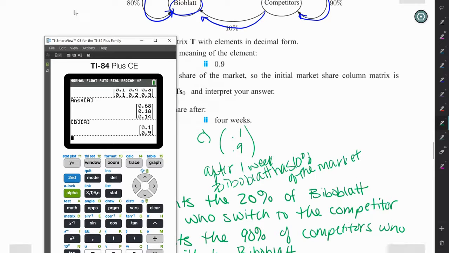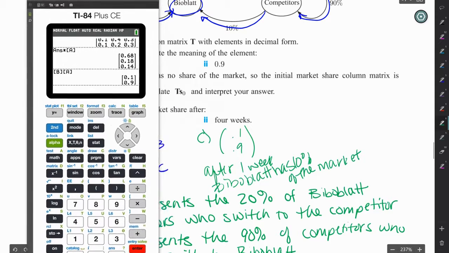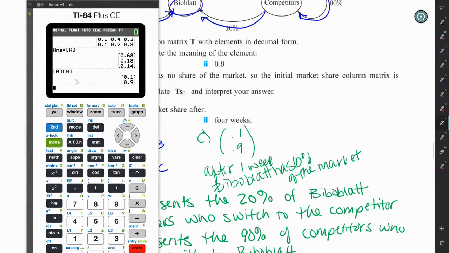So in order to find out after 2 weeks, I just have to multiply this one more time. So if I want 2 weeks, I will take my 2 by 2 again and multiply it by this answer that we just got. So this is where the row matrix is a little bit nicer because the order works a little bit better for repeated calculations in the calculator.